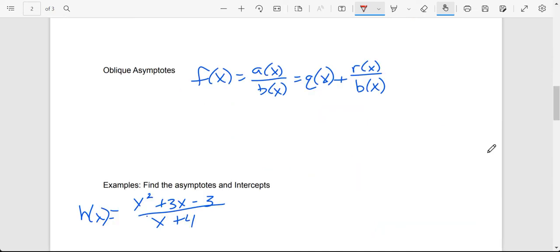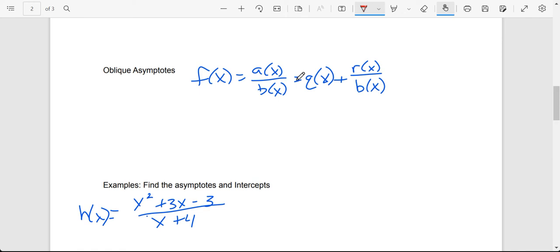Now we're going to talk about the scenario when the numerator has the highest power. Those are called oblique asymptotes. If we talked about dividing polynomials before, when we have the numerator divided by the denominator, we got a quotient.